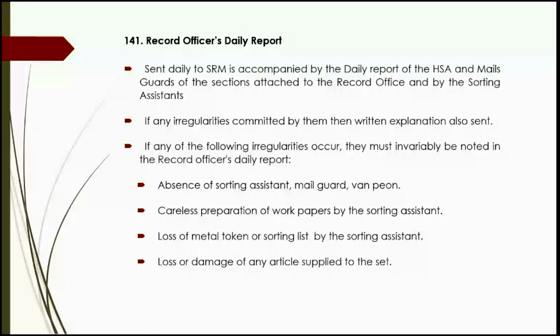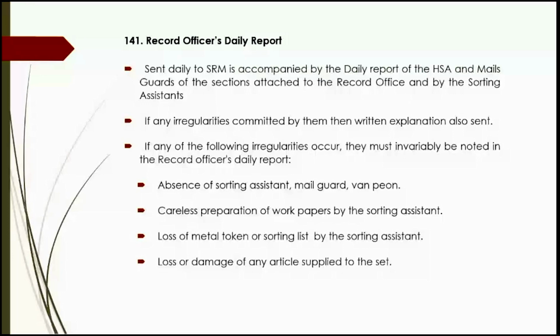If on examination of work papers he sees that the sorting assistant has prepared the work paper in a careless manner, it is an important irregularity and has to be noted in the daily report. We already saw in the previous rule that on examination of the work paper, if he finds any irregularity, the record officer will record it in his daily report.